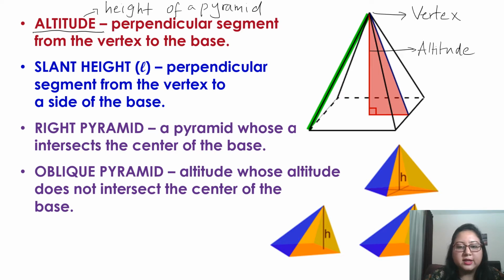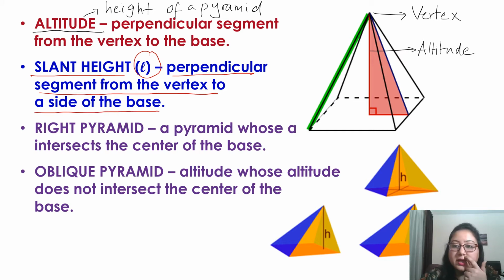Next we have the slant height, and let us see how this slant height is different from altitude. So slant height, first of all, is marked with the notation small l, and it is again a perpendicular segment from the vertex. So it starts from the same point as an altitude, but the difference here is that it is from the vertex to the side of the base, not to the base but to the side of the base.